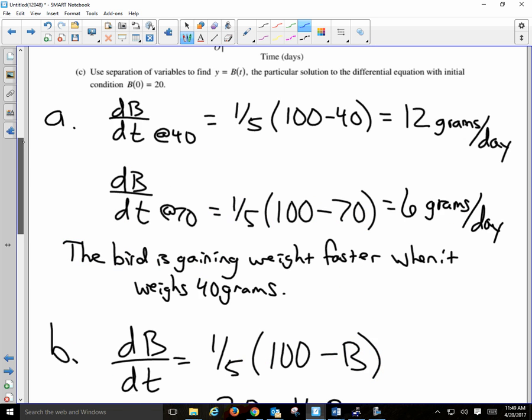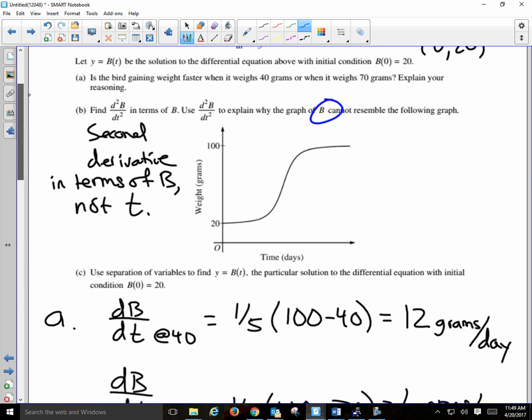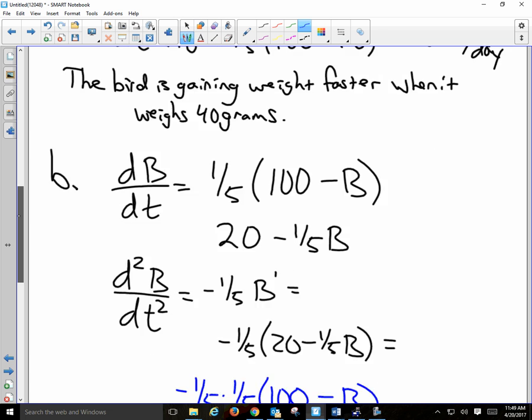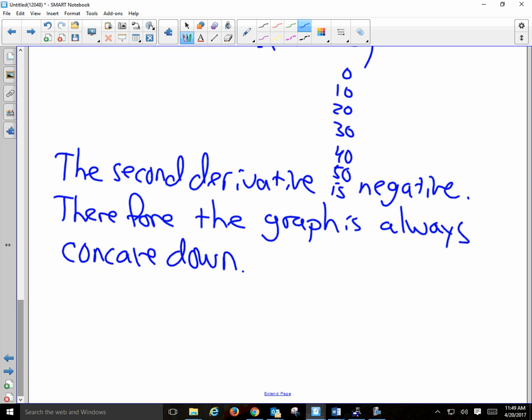Is the graph concave down the entire time? The given graph is concave up. Now, is it only concave up?